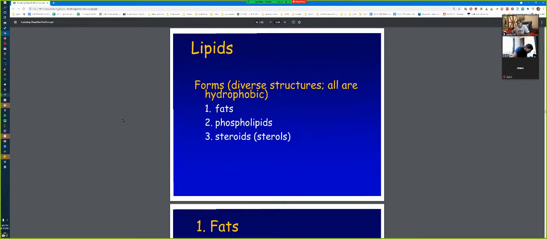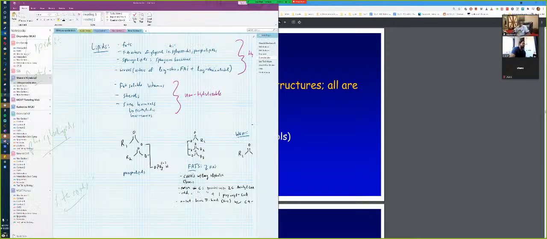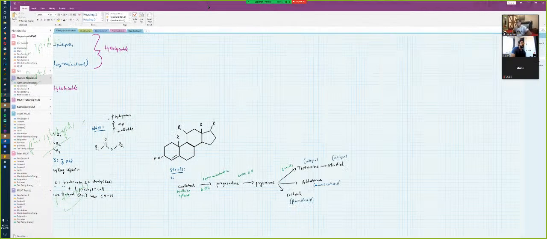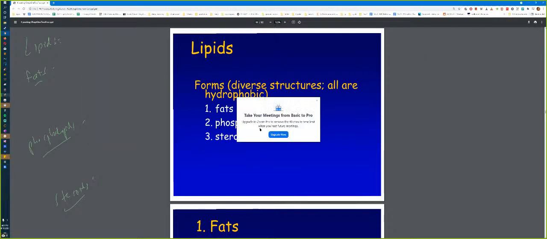In your notes, you could write lipids, then fats, and now we're going to write stuff about fats, and when we're done with that, we'll write stuff about phospholipids, and then we'll end with steroids. As we go through that, I'm going to show you phospholipid over here, and steroid over here.